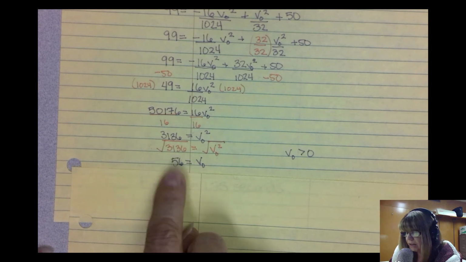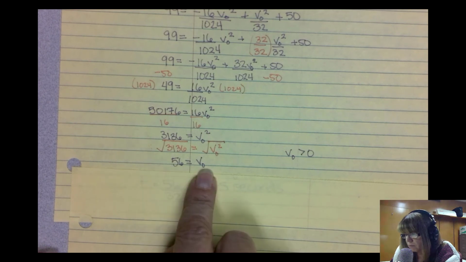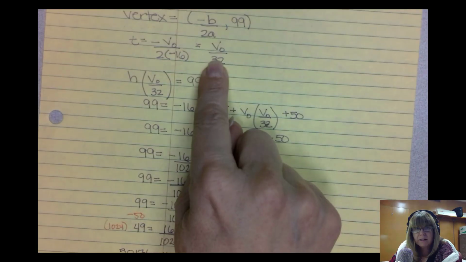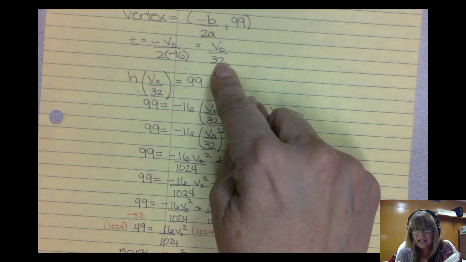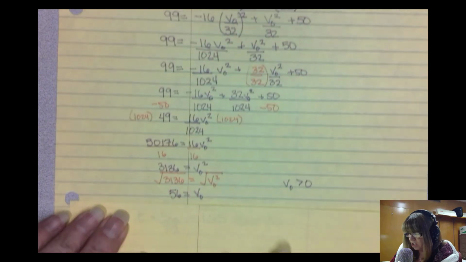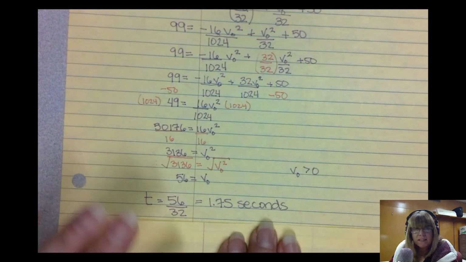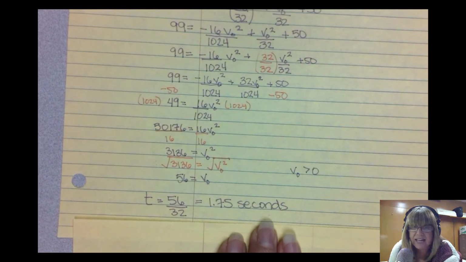All right, so now that I actually have an actual value for v of 0, I'm going to plug it in here and see what our time is. So 56 divided by 32 will get us our time. And our time ends up being 1.75 seconds.